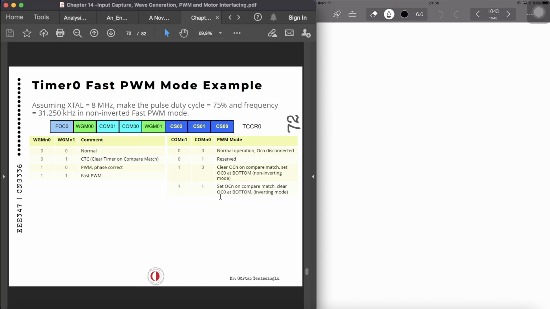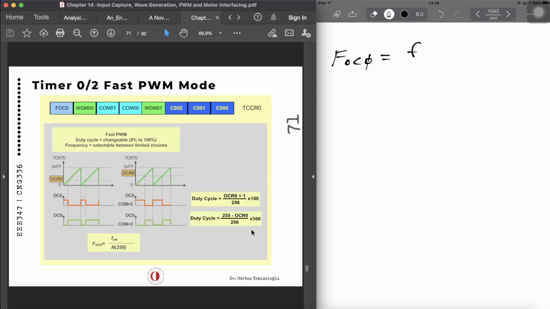So at this point, in order to derive some expressions, let's write down the equation required. So we need the frequency of the wave at OC0, which is going to be F clock divided by N times 256.